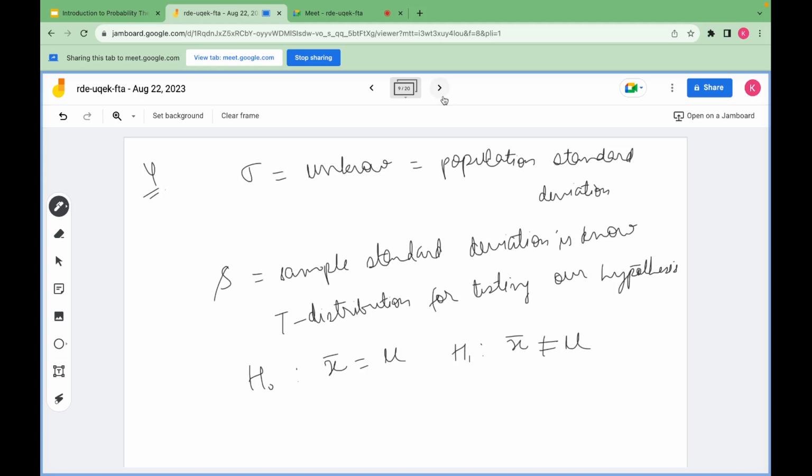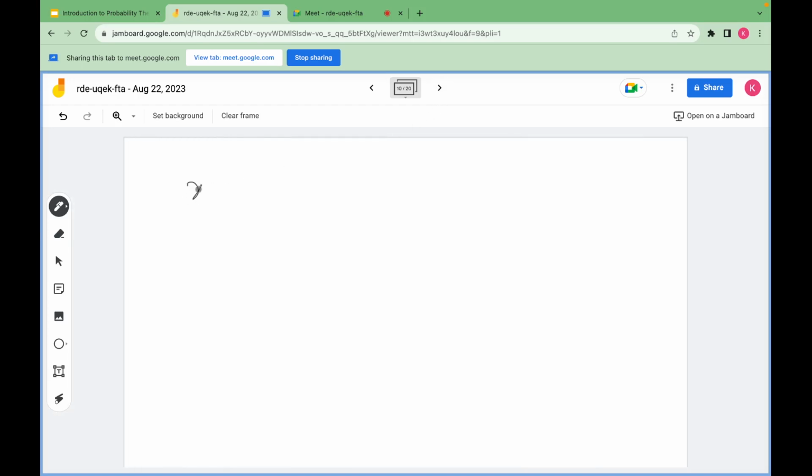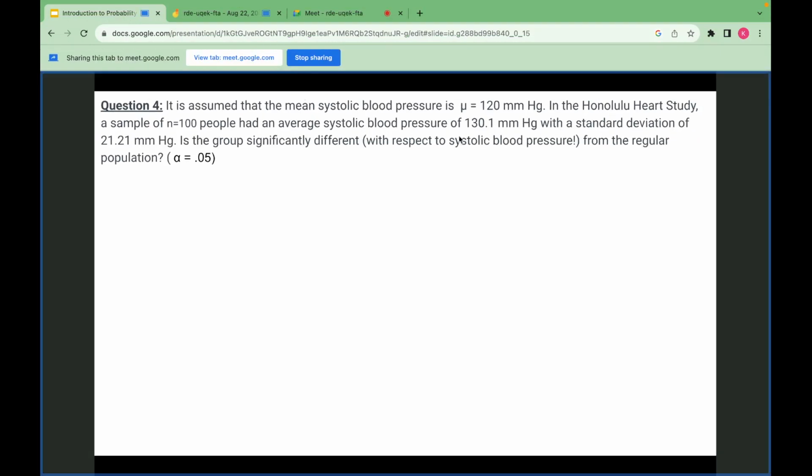Okay, so here this sample of n people had an average systolic blood pressure of 130.1. So x bar is 130.1, and it is assumed that mean systolic pressure mu is 120.